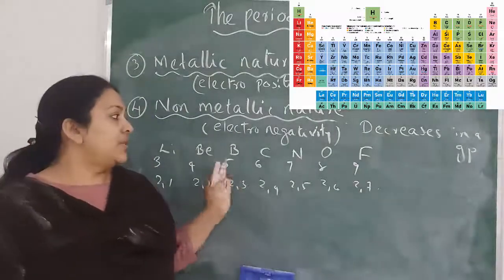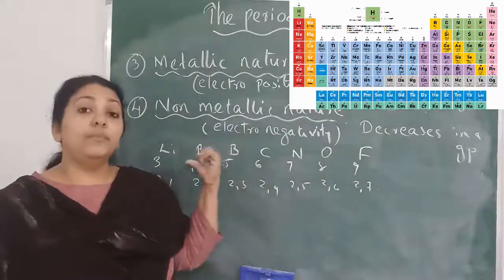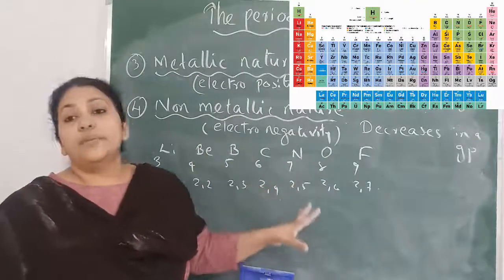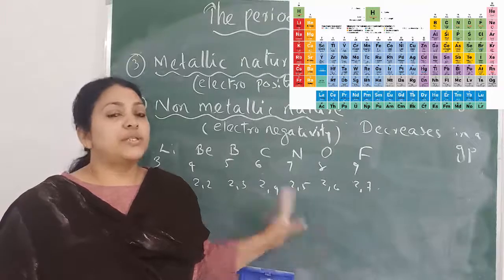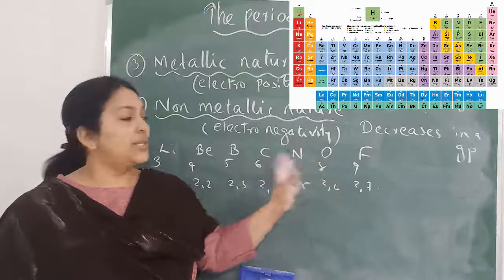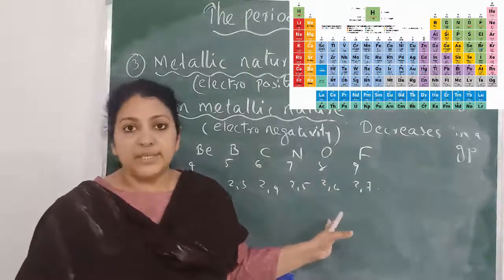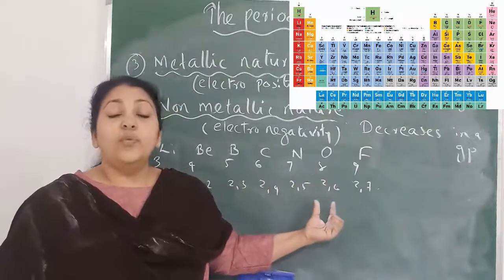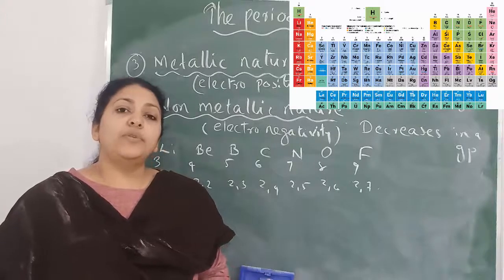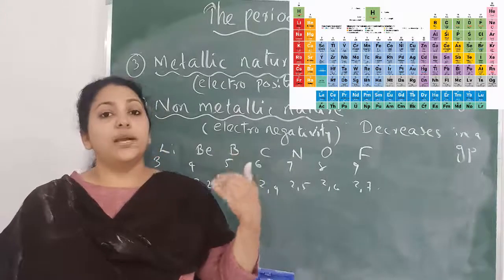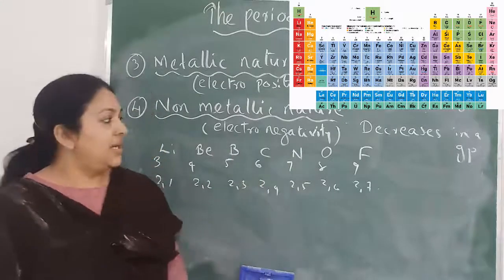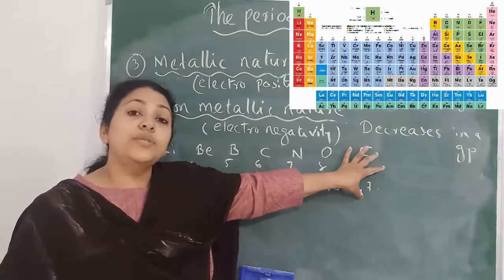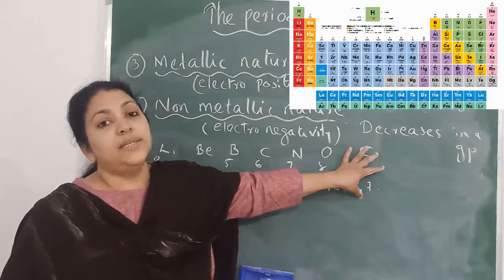We know that the size of the atom gets smaller when we move from left to right across a period. Okay. Because the number of shells remains the same and the effective nuclear charge increases one by one as we move across a period, that we already discussed. So as the size of the atom decreases, what happens? The ability of the atom to gain electrons will increase. So here in this period, fluorine is having the smallest atom, isn't it?